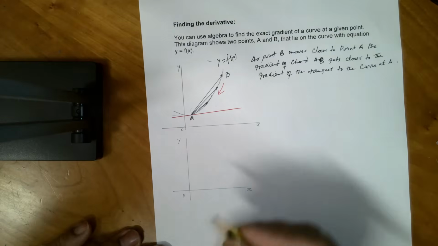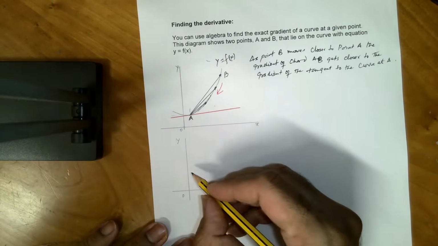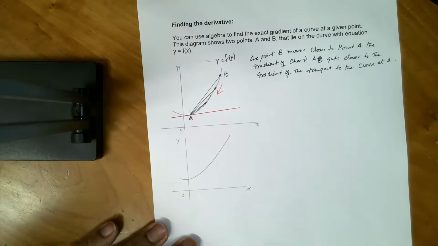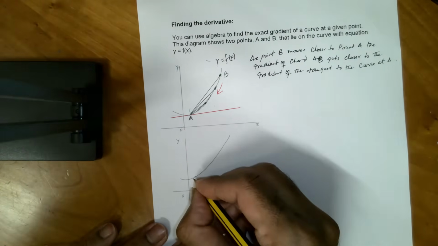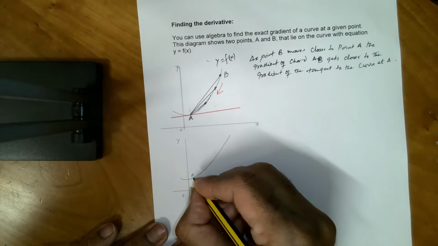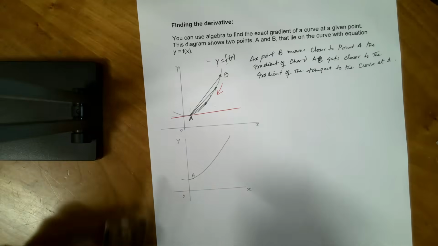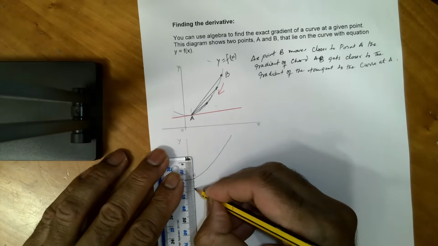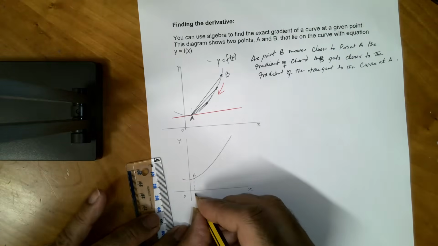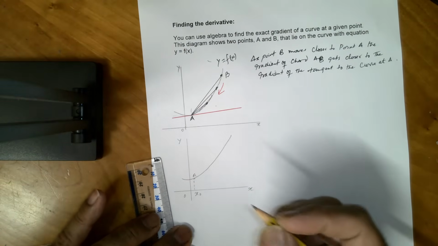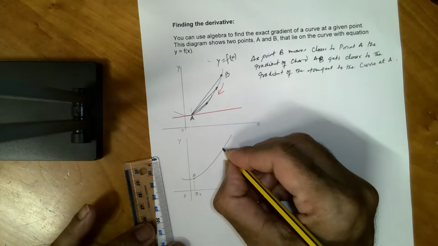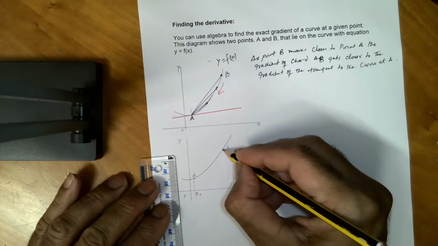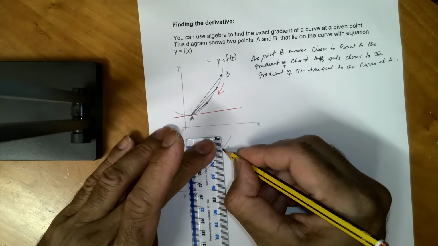Let's draw your curve again, and give a point A here, which we can say is x0, and point B here.